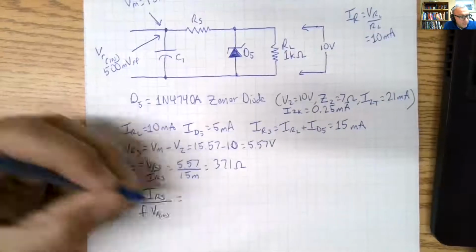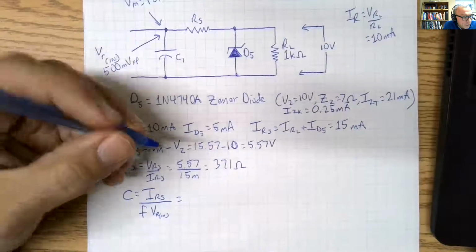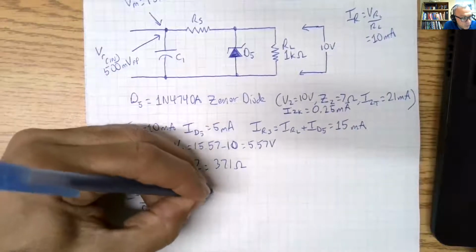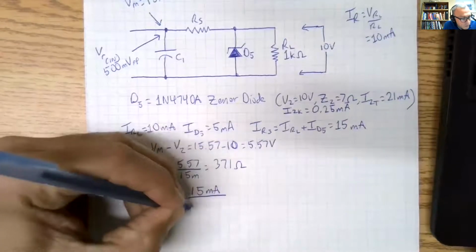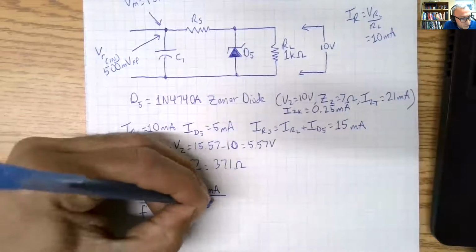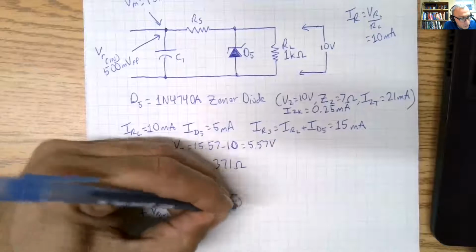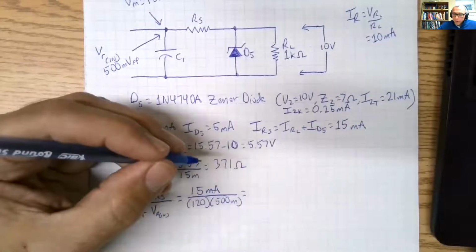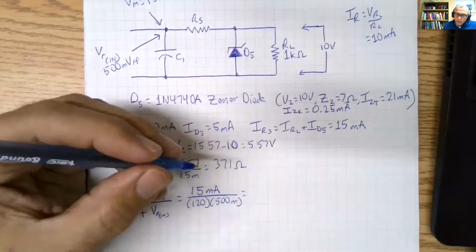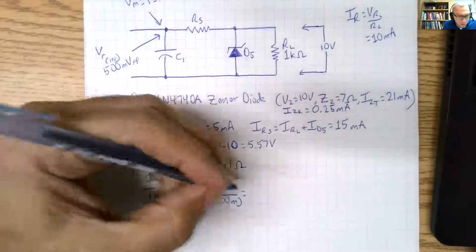So it is 15 milliamps divided by 120 hertz times 500 millivolts peak. Then what we get there is 250 microfarads.